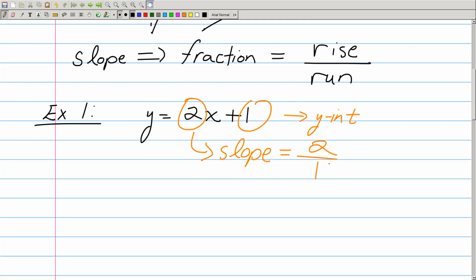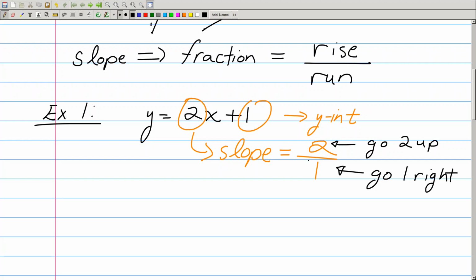What this tells me is go 2 up, go 1 right. Okay, this is convention. Now why does it say up and right?